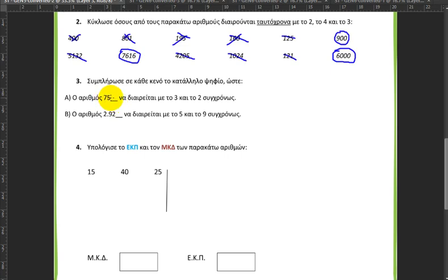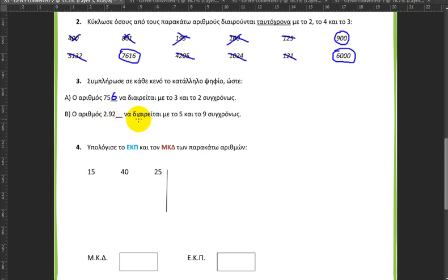So 7 and 5 makes 12, right? Now 12 is already divisible by 3, so we need to add something here to make something that is still divisible by 3. So we could do 0, right? Or, if we wanted to, could do 6. Either 0 or 6 would be just fine.